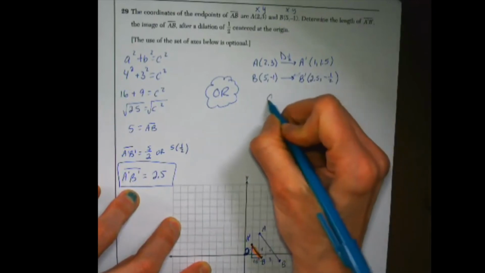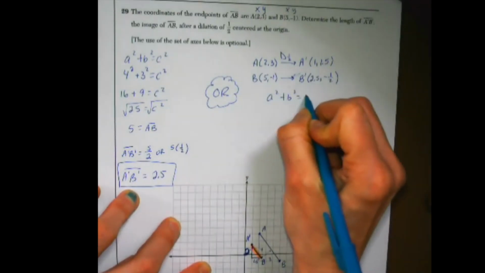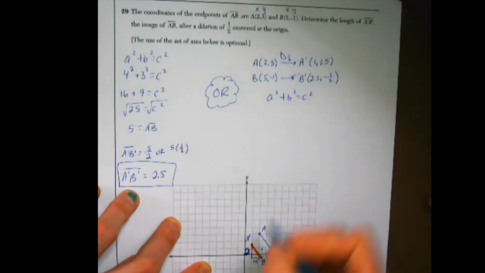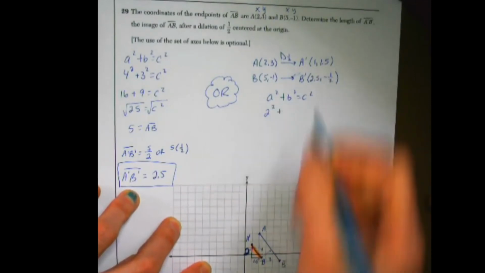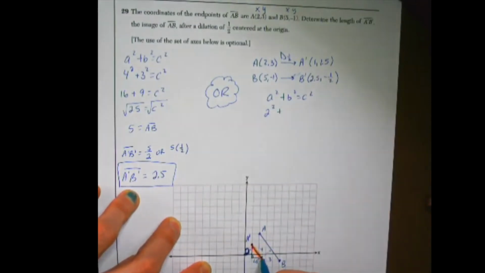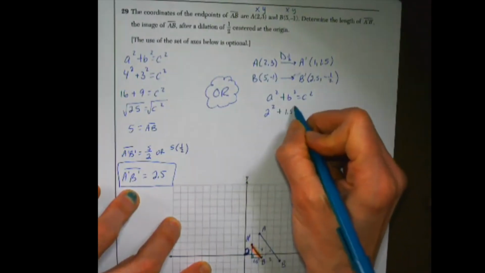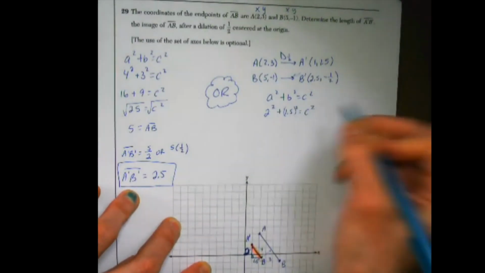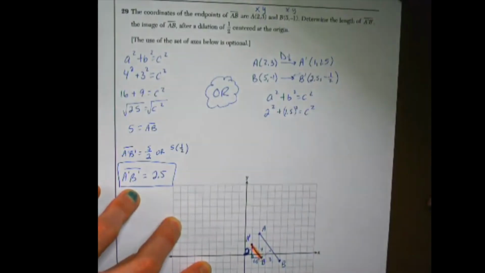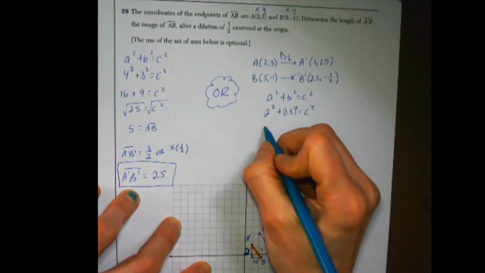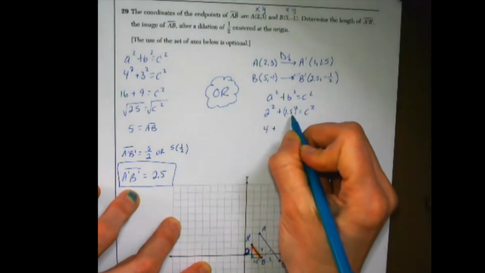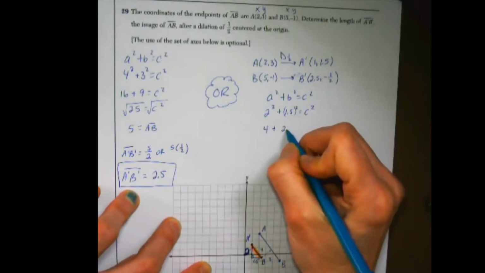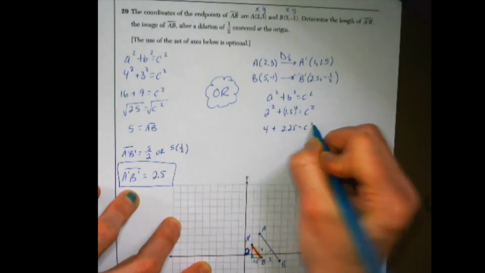If we go back and do the same process, which is the Pythagorean theorem, A is going to be 2 squared plus the distance from the right angle over to B prime, 1.5 squared. That'll be equal to c squared. Well, 2 times 2 is 4, and 1.5 times 1.5 is 2.25. That's equal to c squared.